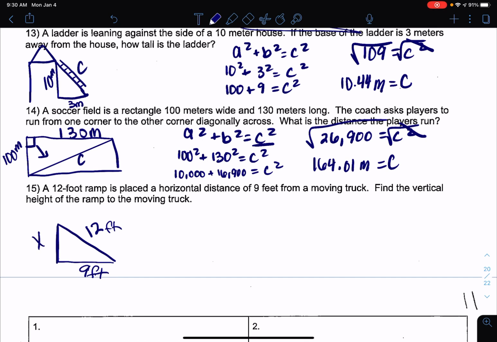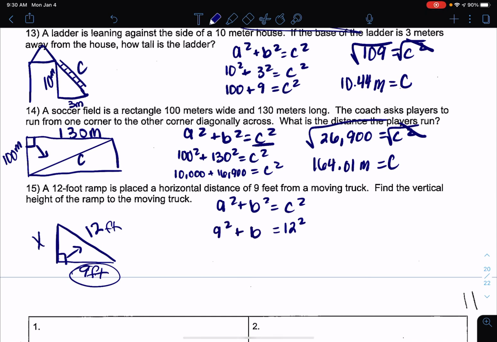So what I'm doing is I'm actually finding what one of the legs is going to equal. So I have a squared plus b squared is equal to c squared. Now I know that my hypotenuse is 12, so I'm going to go ahead and plug in 12 squared there. But I can use that 9 feet for either leg. I can use it for a or I can use it for b. So I'm going to go ahead and use it for a. So I have 9 squared plus b squared is equal to 12 squared.